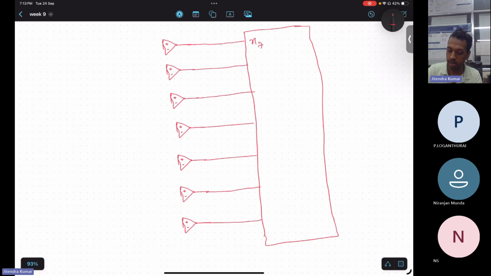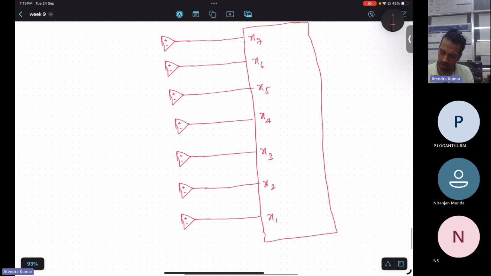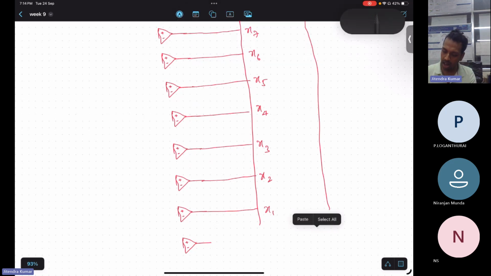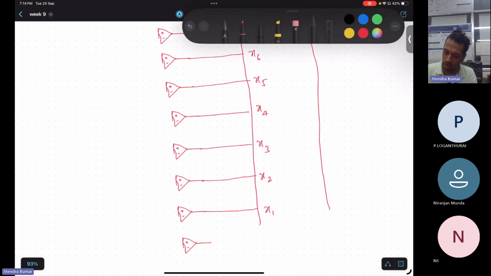Consider this one as the MSB, X7, X6, X5, X4, X3, X2, X1, X0. 8 inputs will be required since we are going to start from 0. Please let me know which circuit you are going to use when you have to take 8 inputs and give 3 outputs.